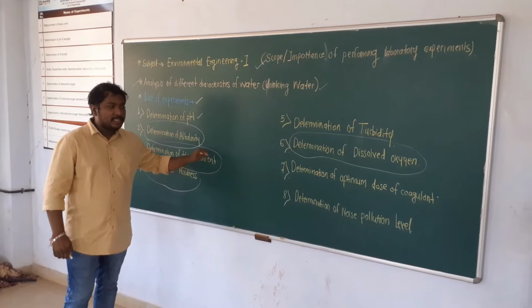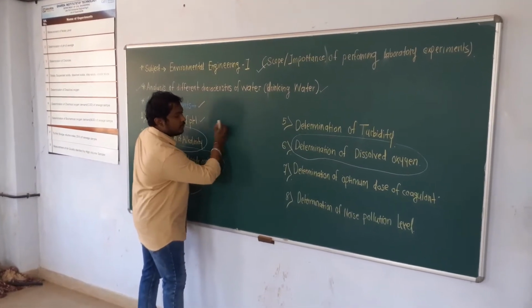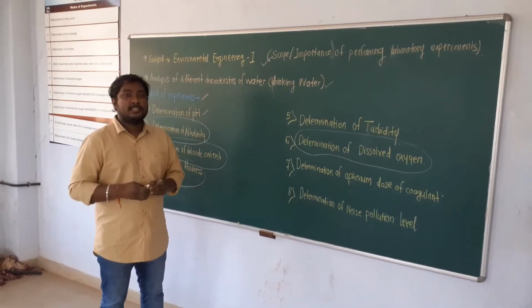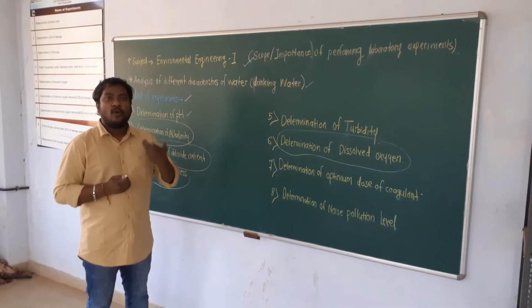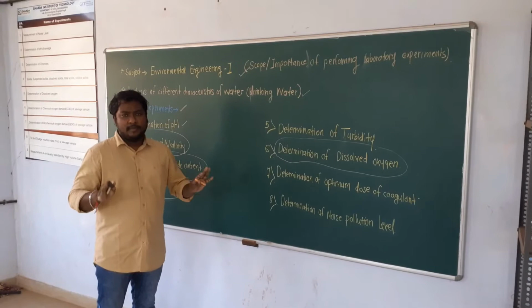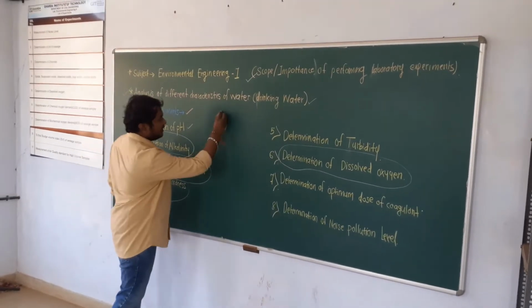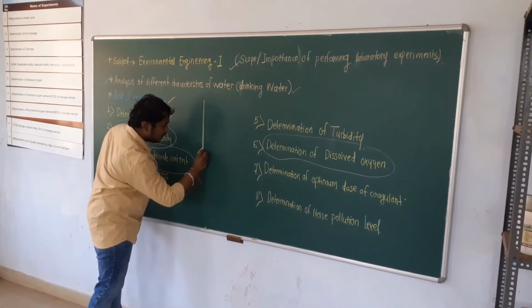Volumetric analysis, I will show you with the help of one diagram, because during the practical session I am going to display every experiment's procedure. During that procedure you will easily understand the color change and the chemicals used. For now, I will show you one diagram of how the titration procedure works. Suppose this is the stand.